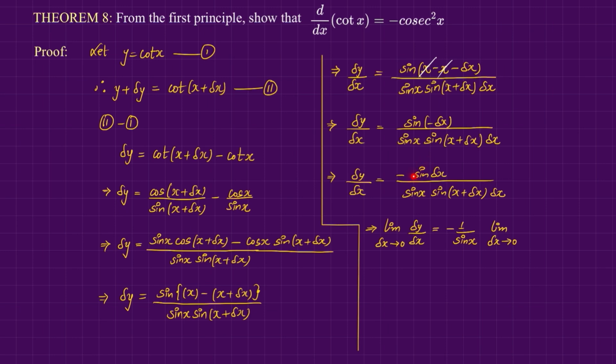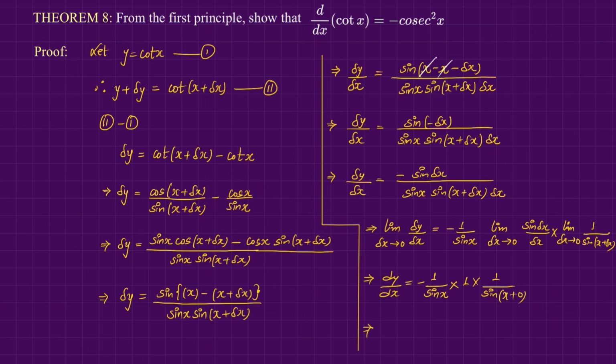Let me write this sine delta x and delta x together, so it will be sine of delta x by delta x into, let us distribute the limit also, limit delta x tends to 0, 1 by sine of (x plus delta x). Okay, so the left hand side becomes dy by dx equals minus 1 by sine x into, this portion is 1 by sine of (x plus 0).